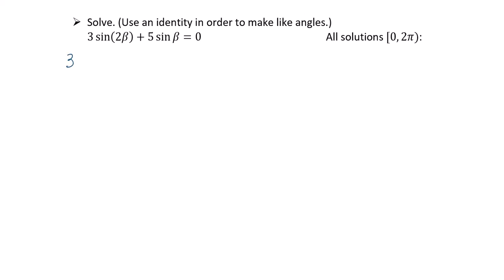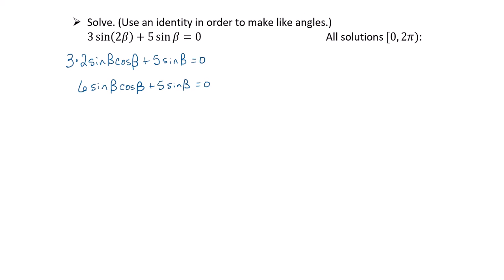This would be the 3 that's out front times 2 sine beta times cosine beta plus my 5 sine beta equals 0. Now this is 6 sine beta cosine beta plus 5 sine beta equals 0.